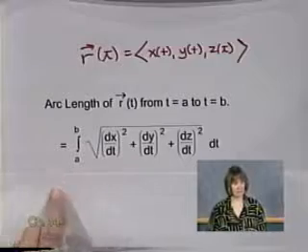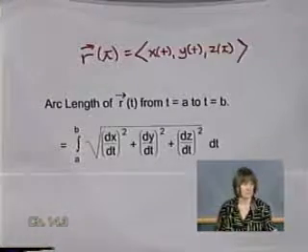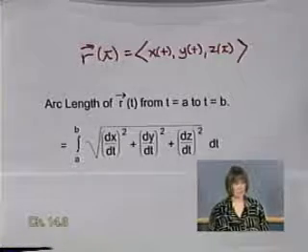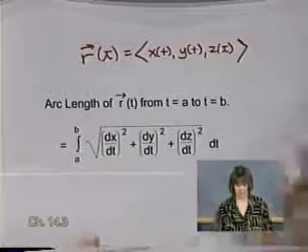This you want to copy down. This is an important formula to memorize. You should know it. It can be on your cheat sheet also, but it really should be something that is in your head and you know it. Okay?